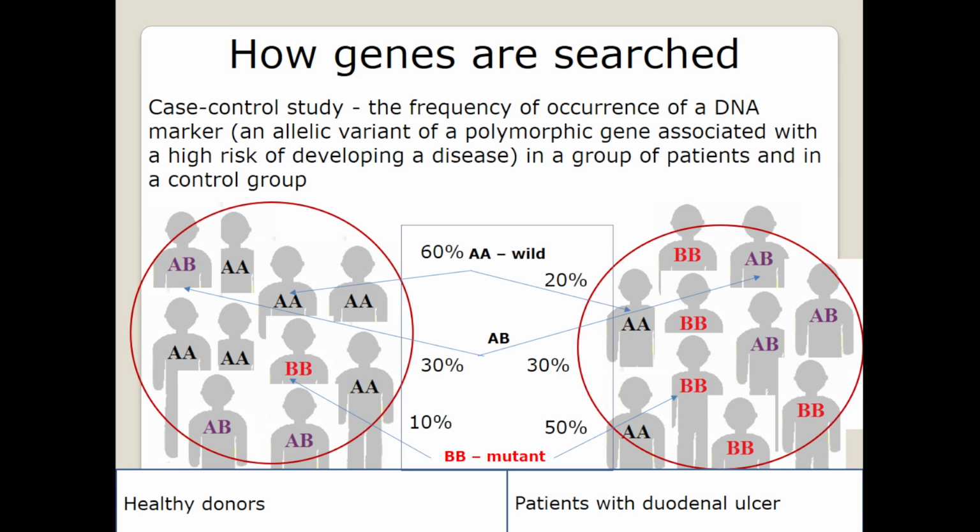In healthy donors, we can find AB, AA, BB.